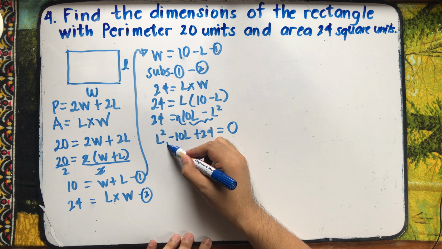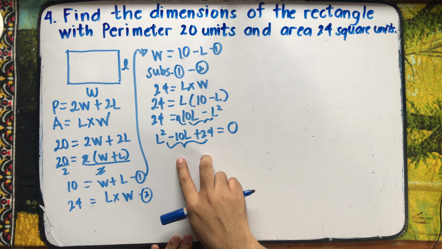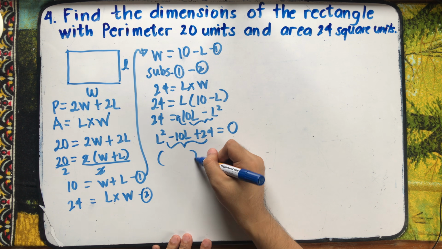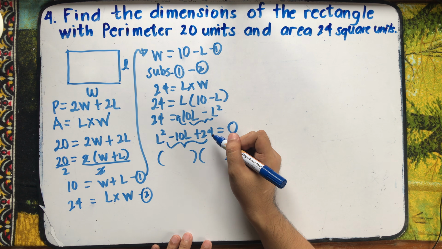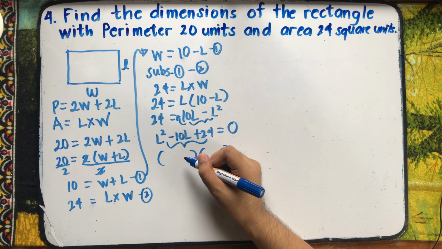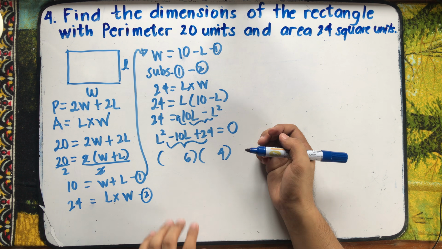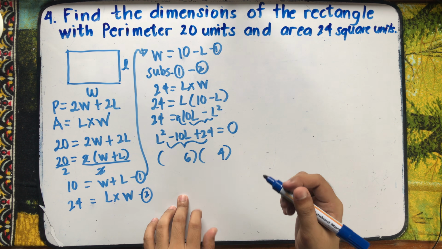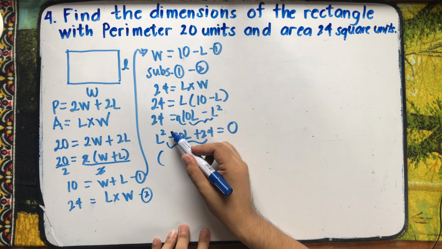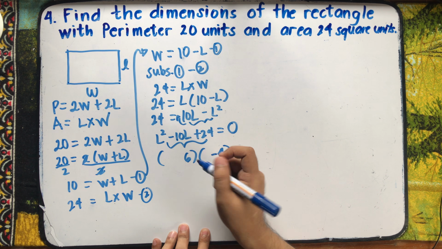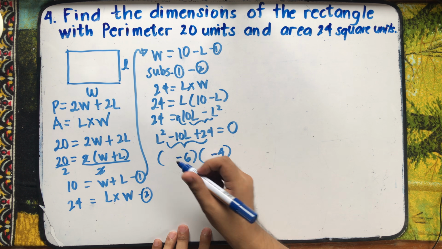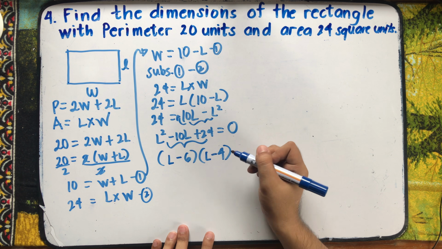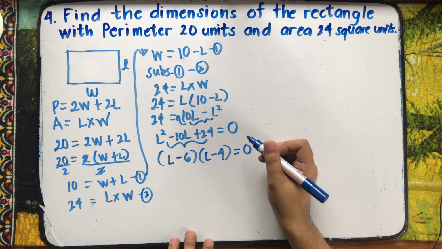Okay, so let us now try to factor so that we will be getting the values of L. Since this is 24, the factors would be 6 and 4. And if we add 6 and 4, the answer is the coefficient of the middle term. Since this is positive and this is negative, both factors would be negative. And this becomes L minus 6 and L minus 4 is equal to 0.